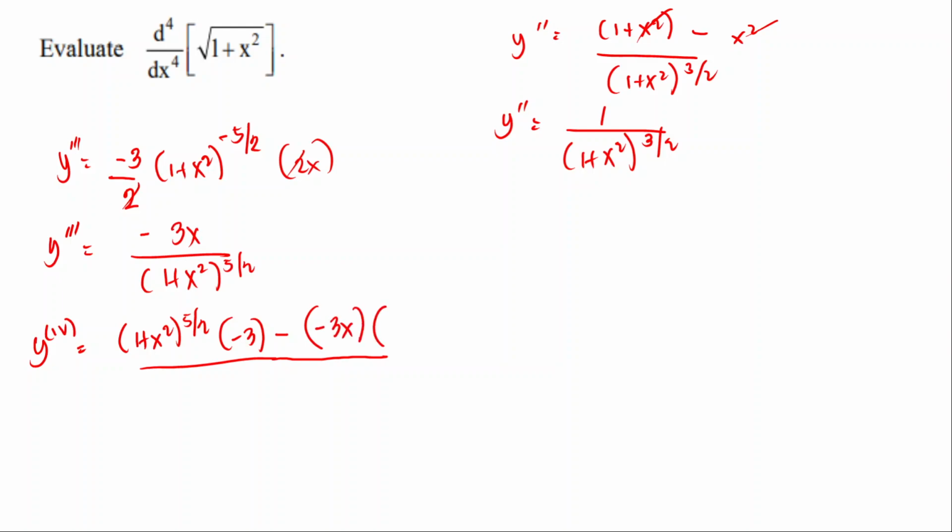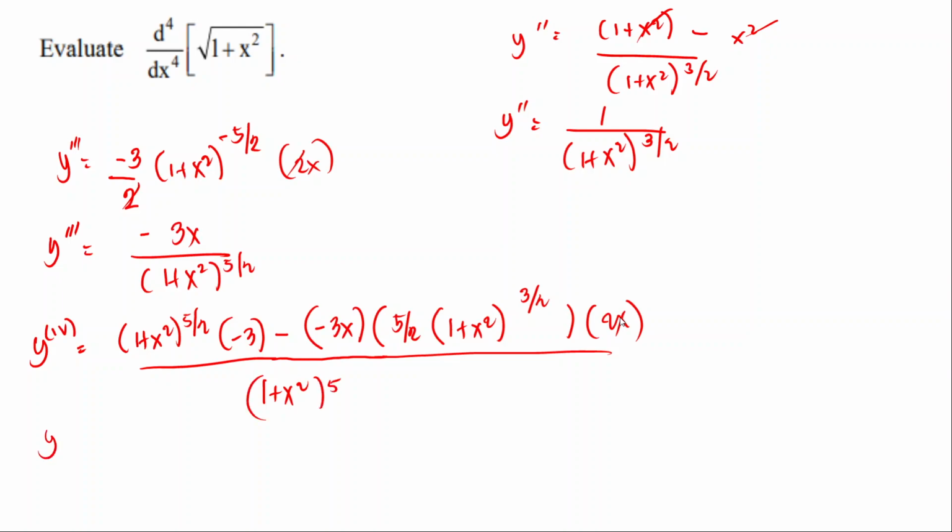Derive natin si 5 halves. 1 plus x squared 5 halves is 5 halves times 1 plus x squared. 5 halves minus 1 is 3 halves. Okay. Times 2x. Tapos this one, square natin. So, magiging 1 plus x squared raised to 5 na lang ito.